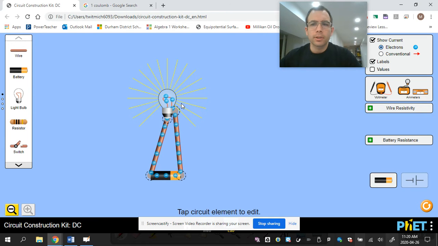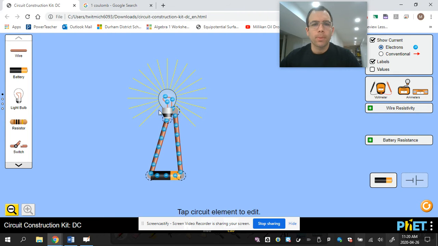A couple things to note here: the wire resistivity is at tiny. The battery resistance is at 0, which is where we want it to be. An ideal battery does not have any resistance, but in real life, that's not actually the case.